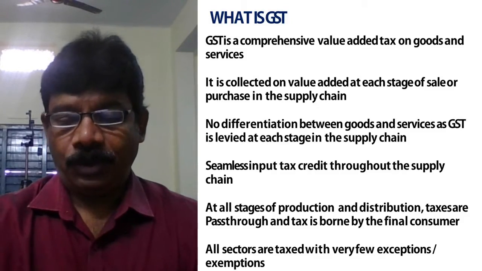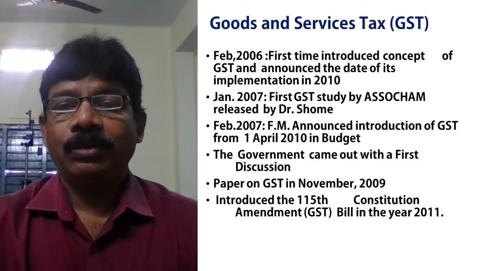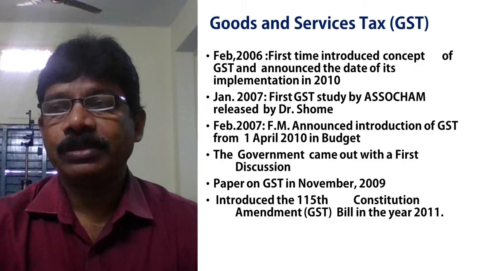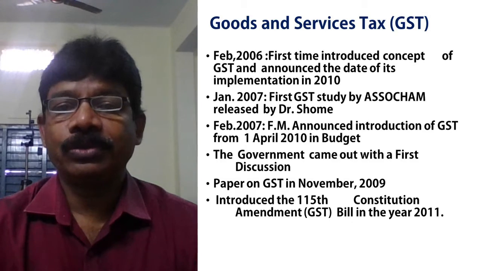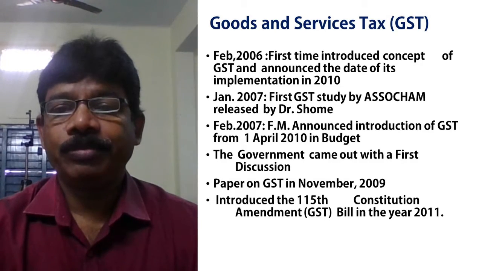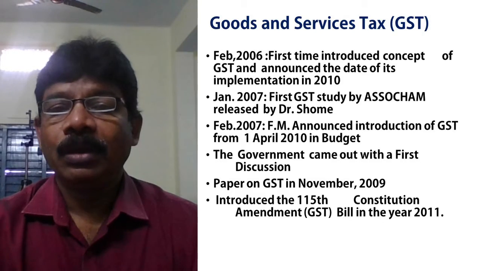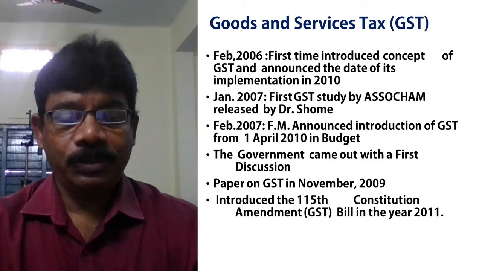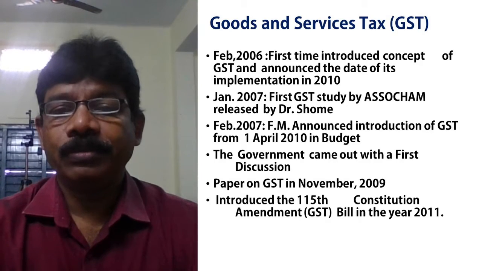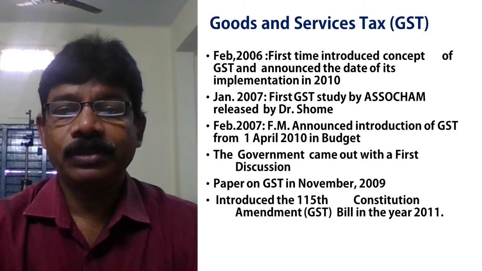The goods and services tax was first introduced as a concept in 2006 and they tried to implement it in 2010. The first GST study was taken by the Association of Chamber of Commerce.